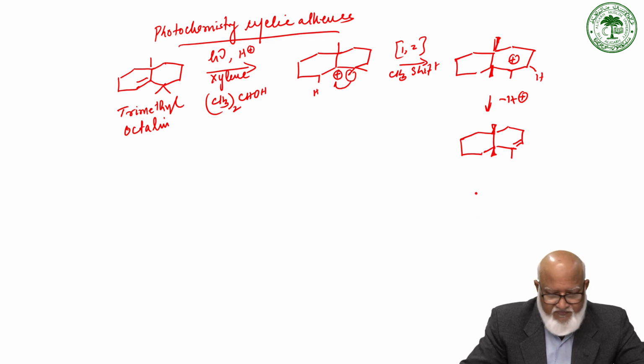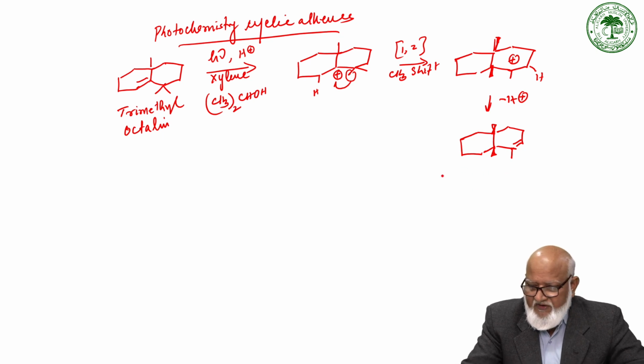So this is photoisomerization of a double bond under photolytic condition in the presence of xylene as a solvent and isopropyl alcohol.